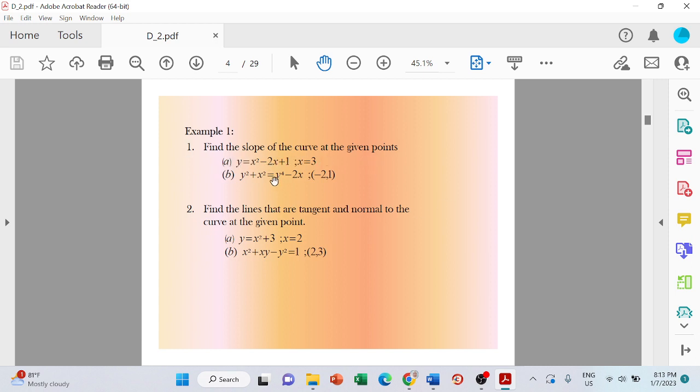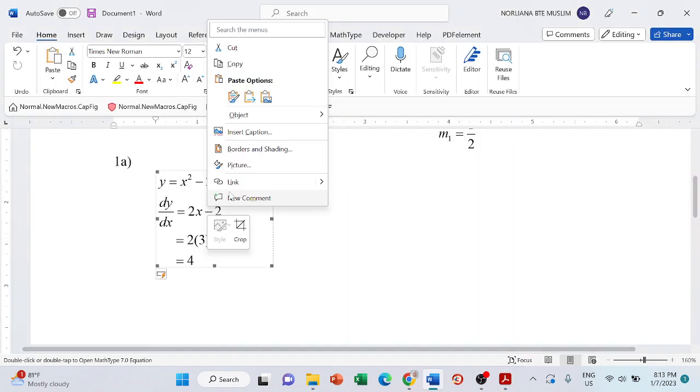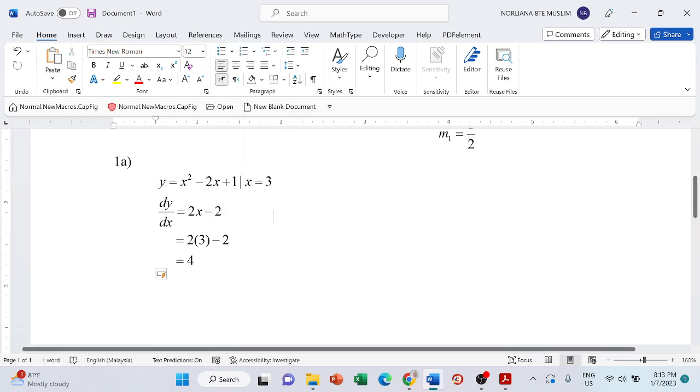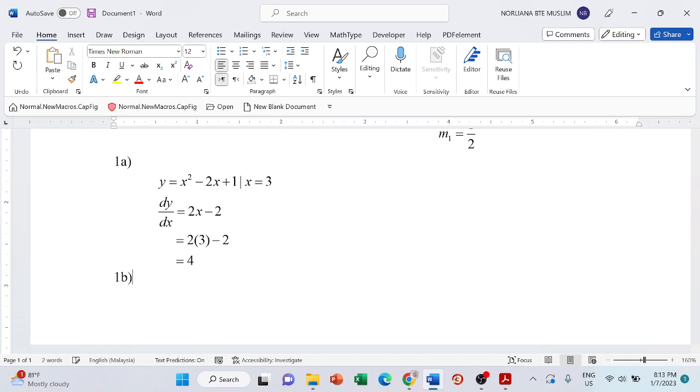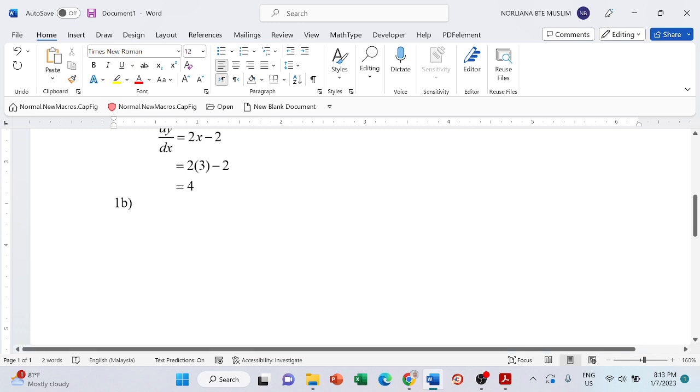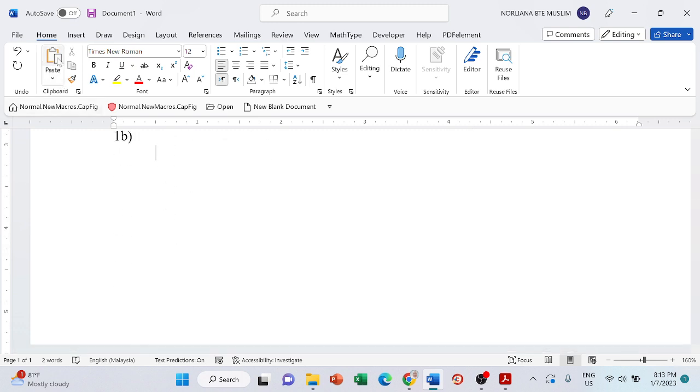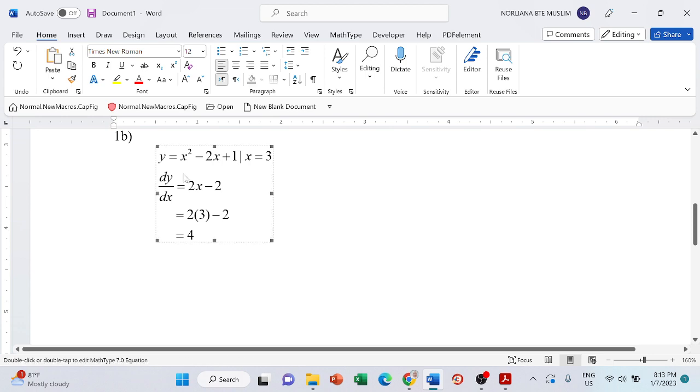Okay, 1B. 1B is a bit more complicated, but we can do it. So this one, I will copy the equation first. I will directly show it because the way to do the differentiation will be a bit different.